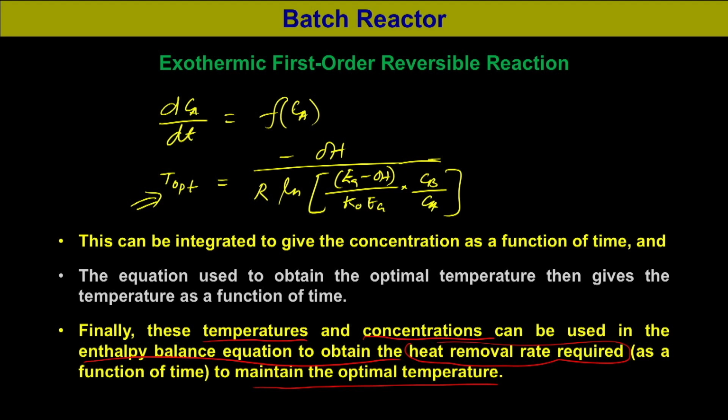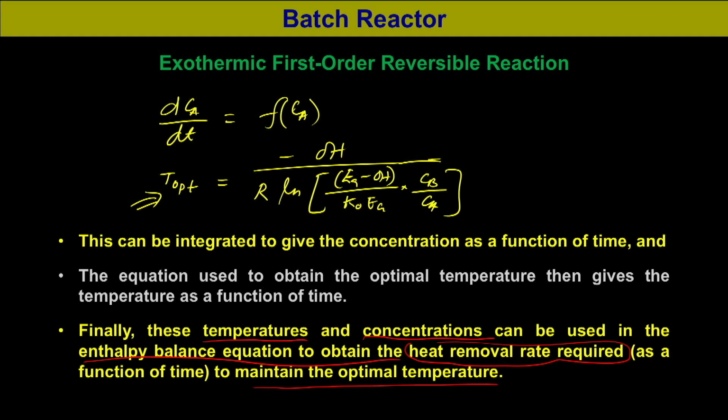So, we have temperature as a function of time and concentration as a function of time. Both we can use in the energy balance equation, which will give the heat removal rate required as a function of time.